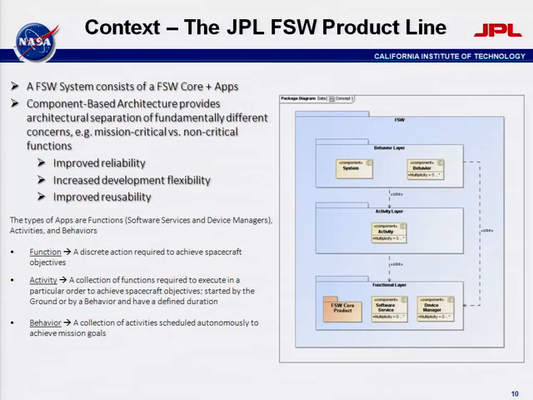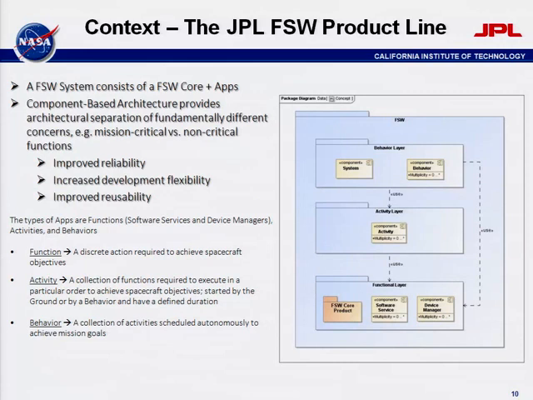These are very basic, primitive, discrete actions. Built on top of the functional layer is the activity layer. Components that exist at the activity layer in the architecture export an activity interface, and an activity interface is what you would normally interact with from the ground.